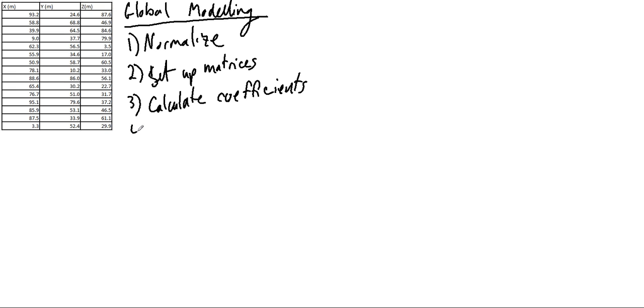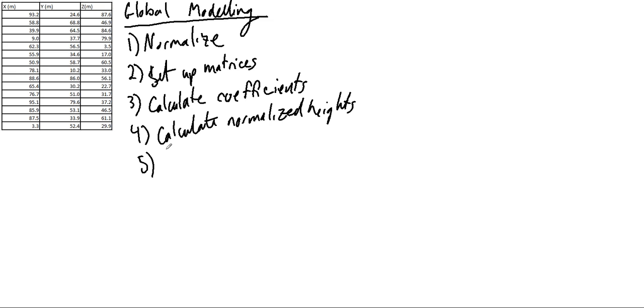Coefficients. The fourth step, once you've calculated that, is to calculate normalized heights. Then the last step is to denormalize heights.